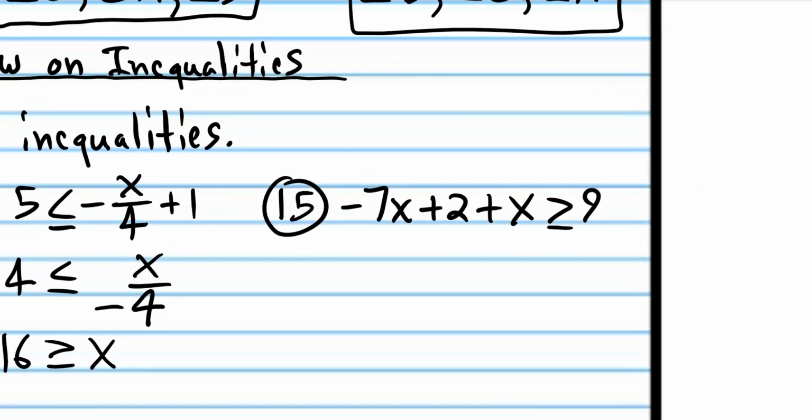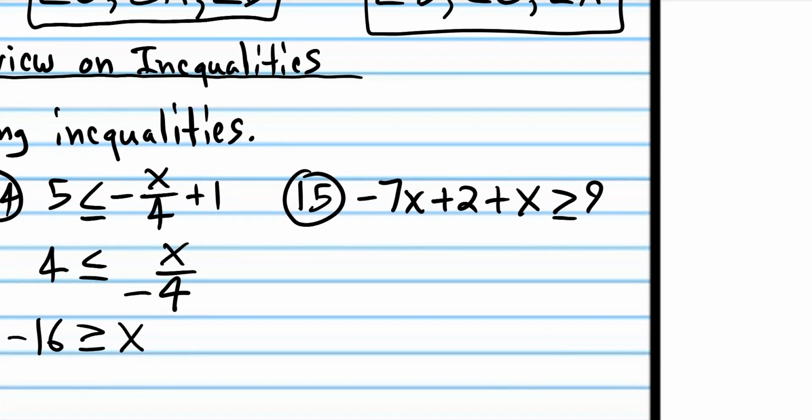All right, in this problem we're going to combine the x's. -7x plus 1x is -6x. Let me go over that again.